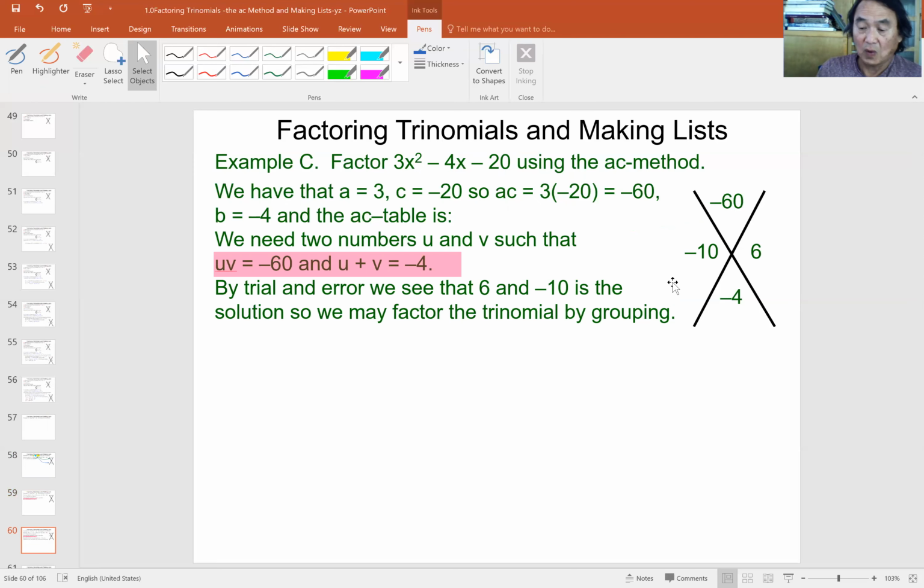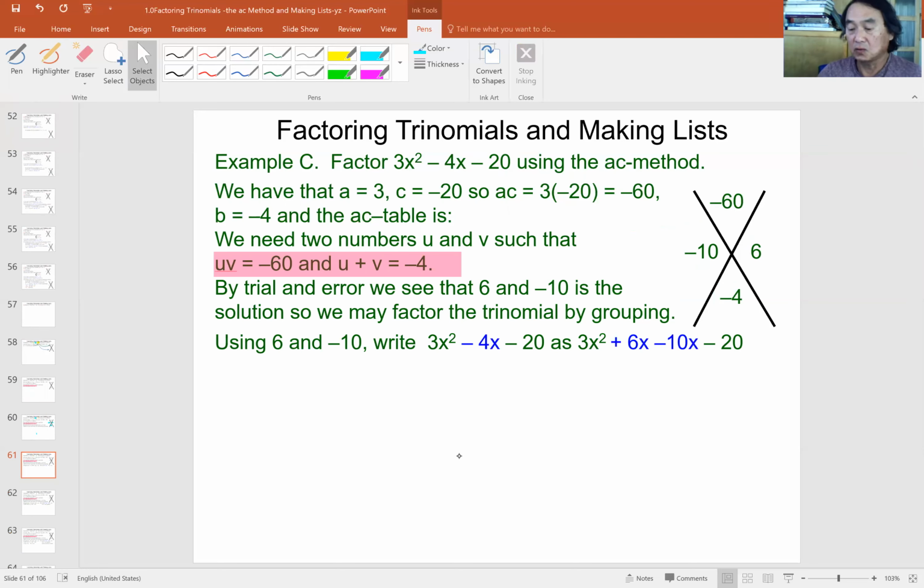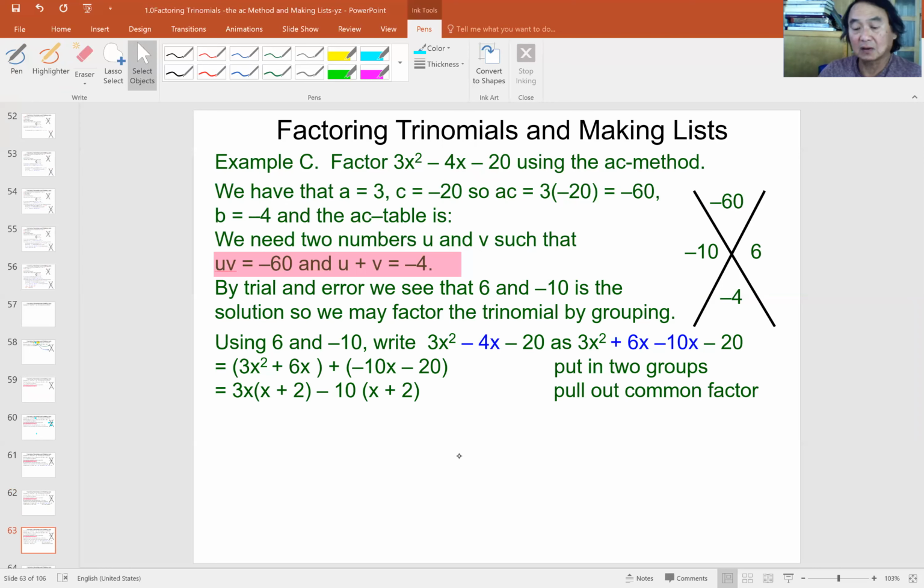So what's the significance of these? The significance is you break the minus 4 into minus 10 and 6. And that will guarantee you can do the trick of pulling the common factors out twice.